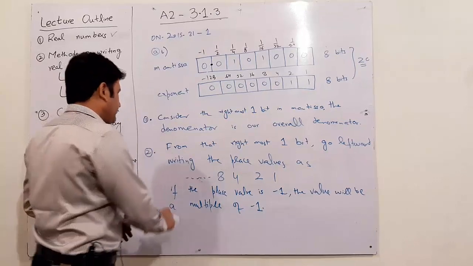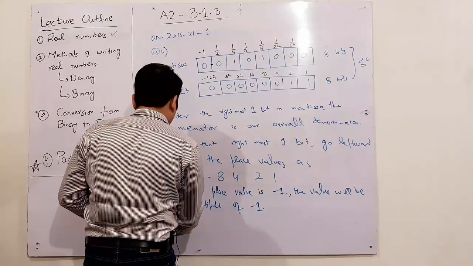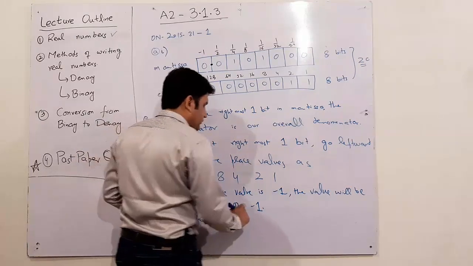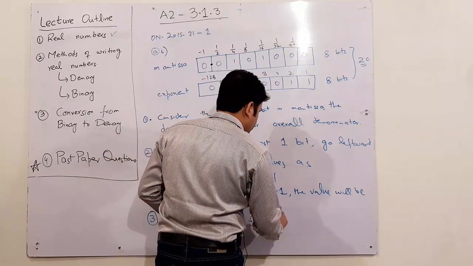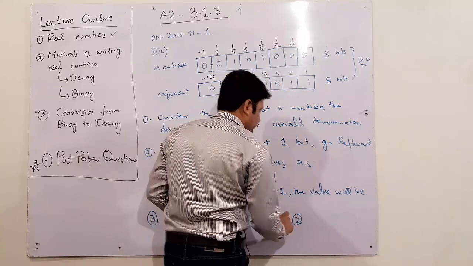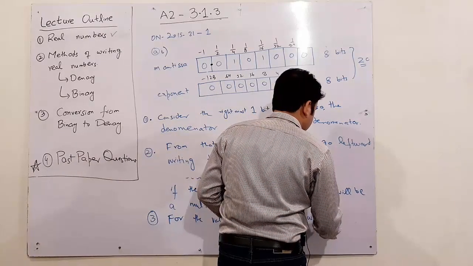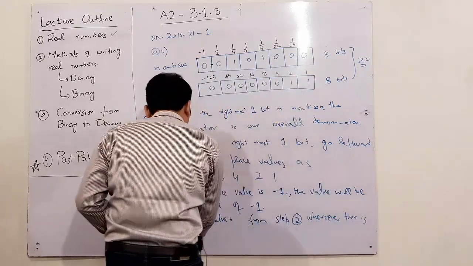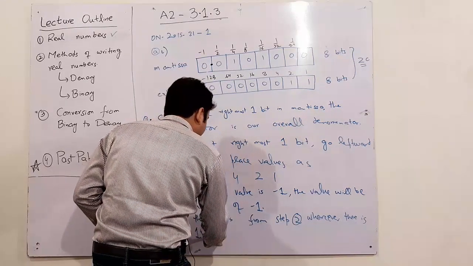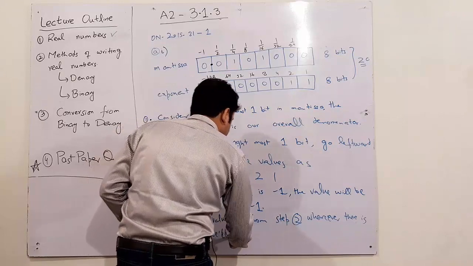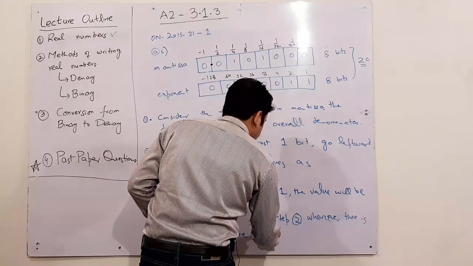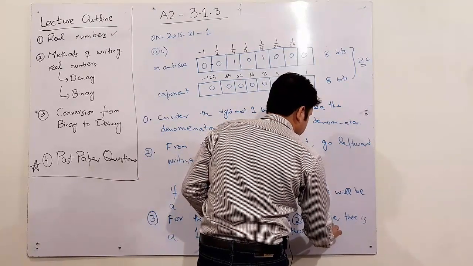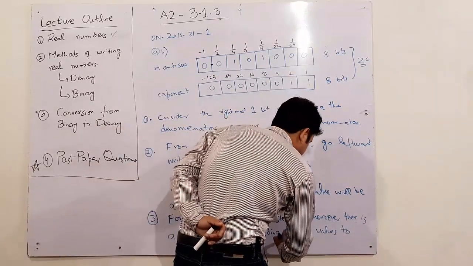And point number 3 is: for the values from step 2, wherever there is a 1, we'll be adding those values to construct the numerator.